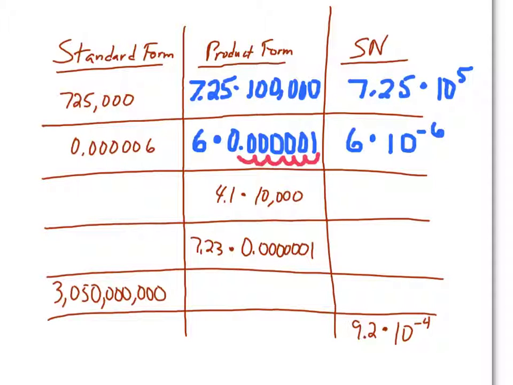Now let's check that just to make sure we got it right. If I have 6 and I want that number to be what I started with here, I'm going to go over 1, 2, 3, 4, 5, 6. Put one more 0 there, so that looks right. So 6 times 10 to the -6. Now, just changing things up a little bit, if we have the product form, what would that be in standard form?